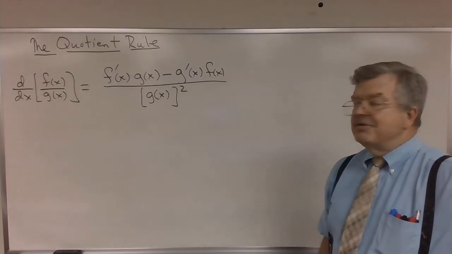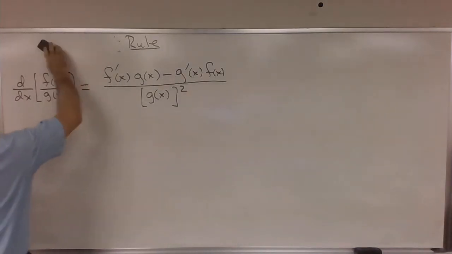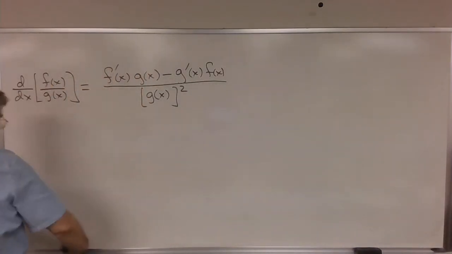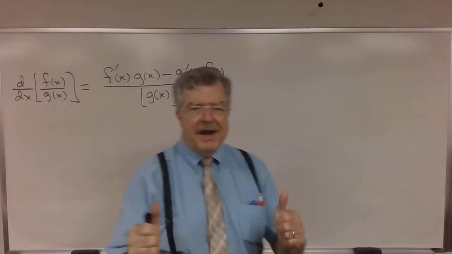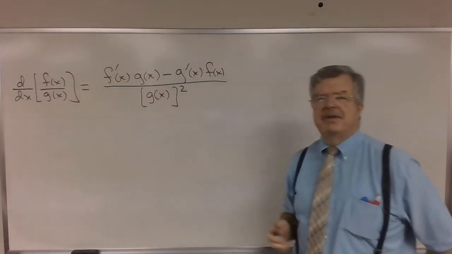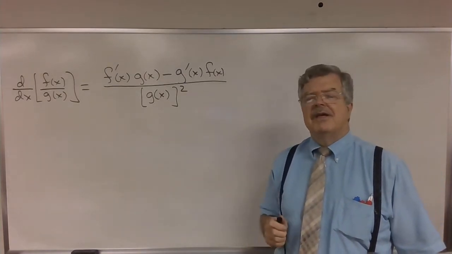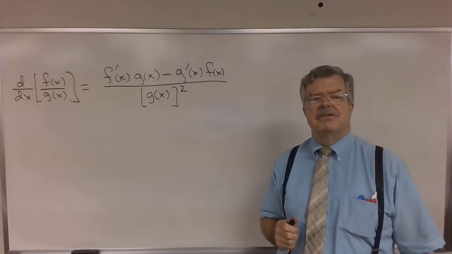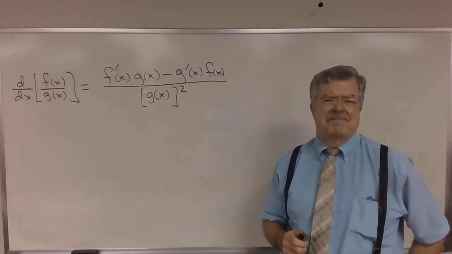And I think I'm going to erase the title quotient rule just for the sake of diagramming what we have up here. This is another one of these things that's best remembered with a little saying with some rhythm and rhyme.